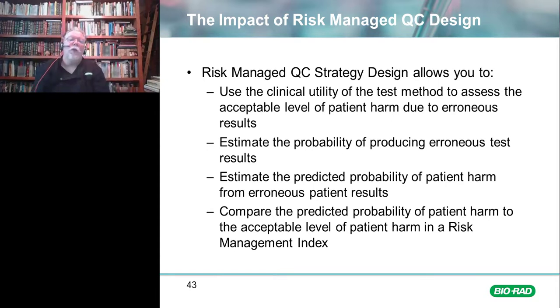So using a risk managed QC strategy design, using the way that the results are used clinically, I can determine what is my acceptable level of patient harm. And then I can compute what my probability of producing erroneous results is and use that to estimate my predicted probability of harm. And then that gives me an idea of what kind of QC I need to do to make sure that my predicted probability of harm is going to be acceptable.